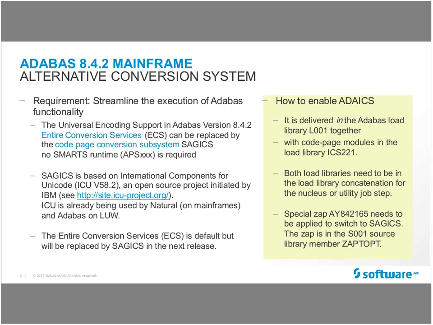It's delivered in a load library, and you know that L001 together with a code page module in the library ICS221. Both libraries need to be concatenated in your STEPLIB for the utilities and the nucleus, and you set the number you see to switch ICS on. It is available in S001.